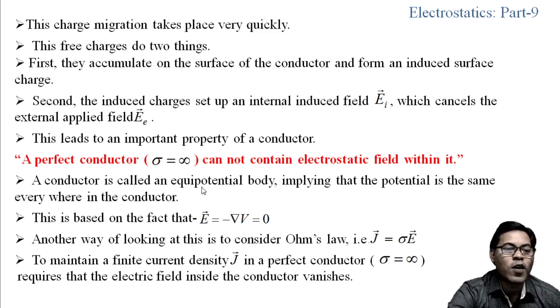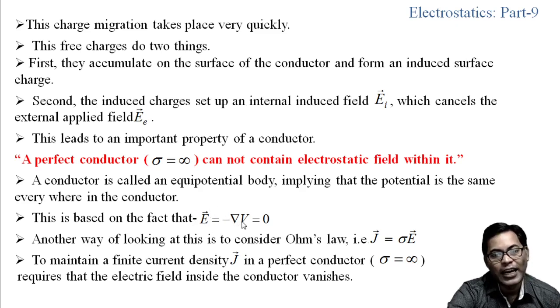So a conductor is called an equipotential body. What is the meaning of that? It means that the potential is the same everywhere in the conductor. This is based on the fact that E equals minus grad V, because E is equal to 0 inside the conductor.